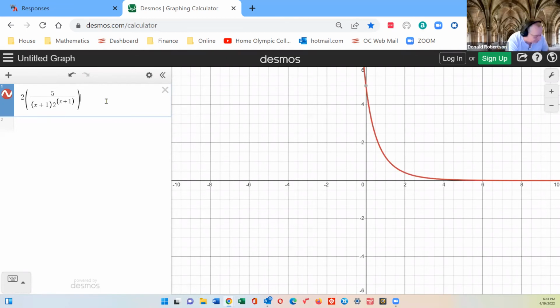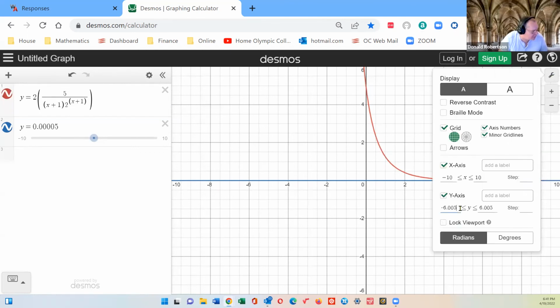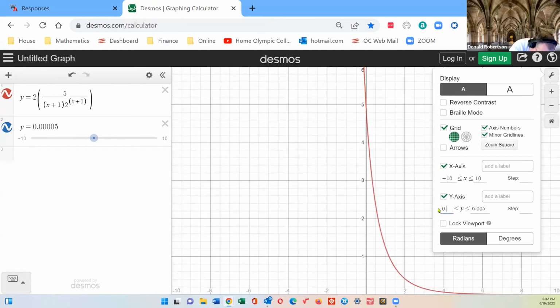Now on the other part of this, I'm going to put in essentially just y equals, and I have to go back to that because I forgot y equals the error. And this one, I'm going to put y equals. And then I'm going to go over here and adjust the y values. Since I'm interested in 0.00005, I'm going to make this one 0.00006, with four zeros and a 6. And I'm going to make this one just 0.